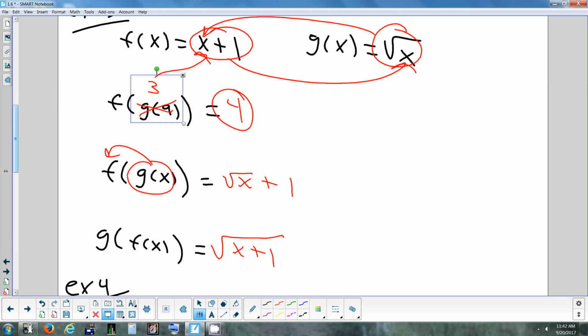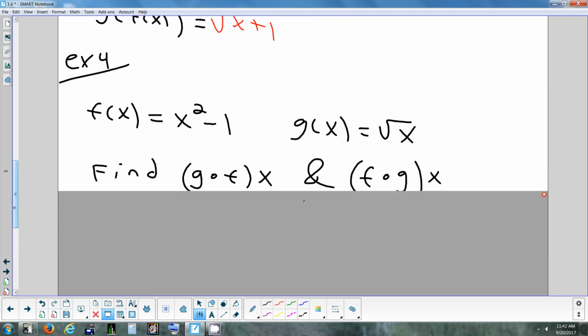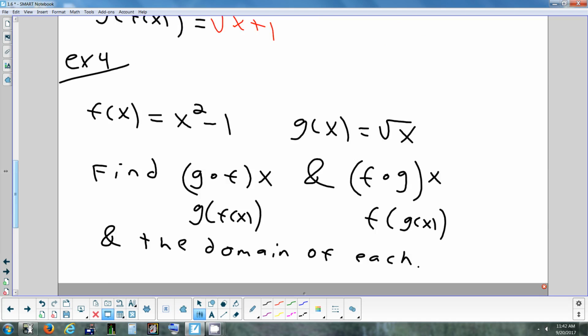That's the composition. All right, so now let's look at the domain, and we'll talk about the inside function again. Let's just do this one way. Let's just do f of g of x.